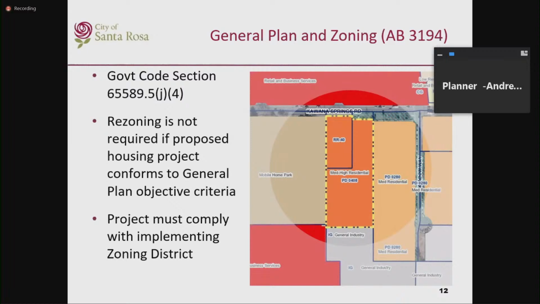This allows the project site to be developed at the general plan density, but does not require a rezoning of either parcels. However, the project would have to comply with the implementing zoning district for the medium high density residential land use designation. And that implementing zoning district is found in our multifamily zoning districts, the R3-30 zoning district.